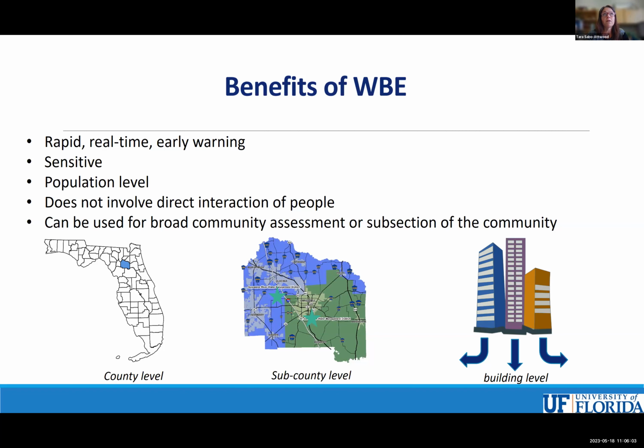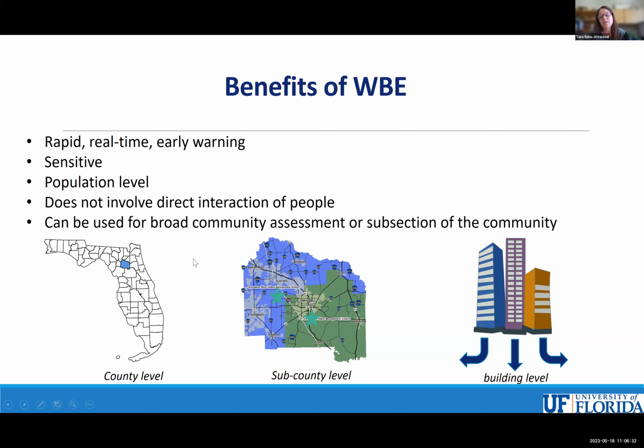So if we are taking a wastewater sample that represents a catchment area of 1 million people, it's giving us a snapshot of what's going on within that 1 million person level community. And therefore it doesn't involve direct interaction of people. And at the moment, we're not required to get any sort of IRB approval to be able to do this work.